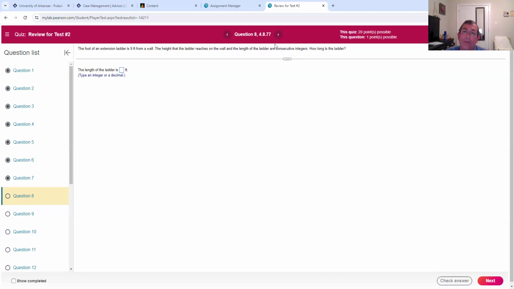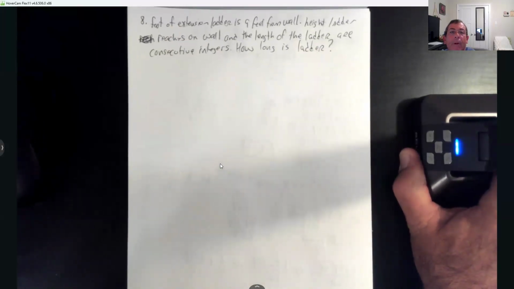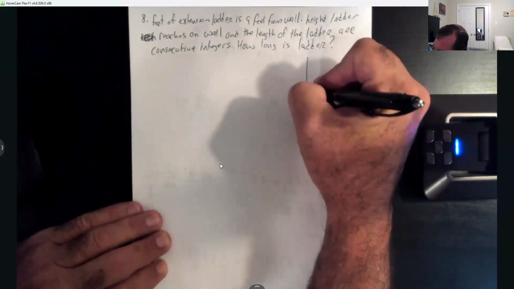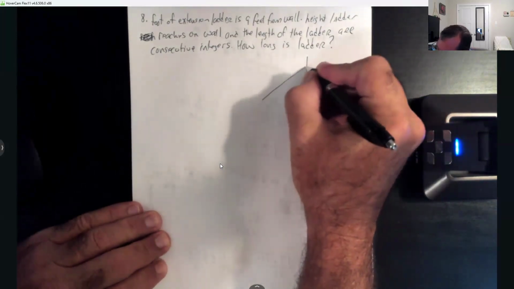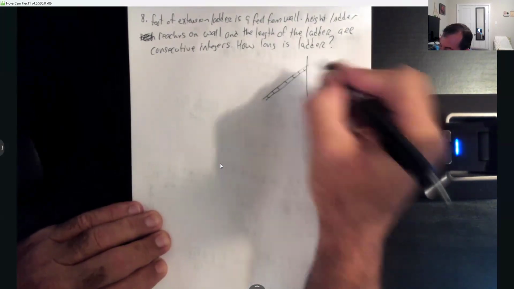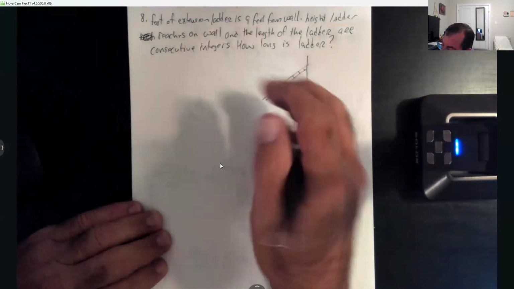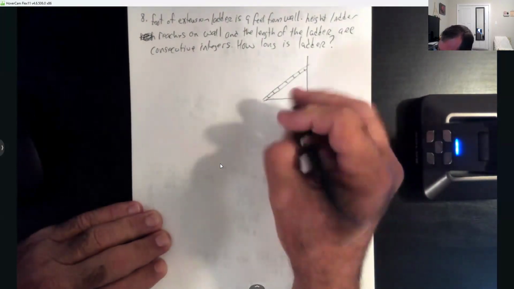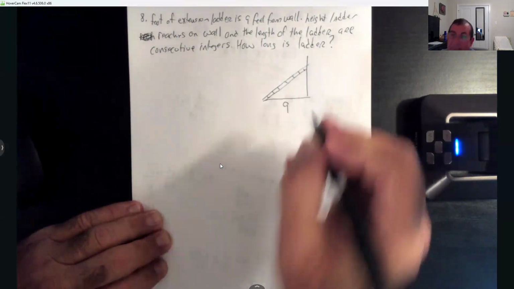So y'all, this is the one I drew the triangle picture of. I've got me a wall over here, and I've got my ladder leaned up against it. Now I know that the foot of this ladder is 9 feet from the wall, so this distance right here is 9 feet.